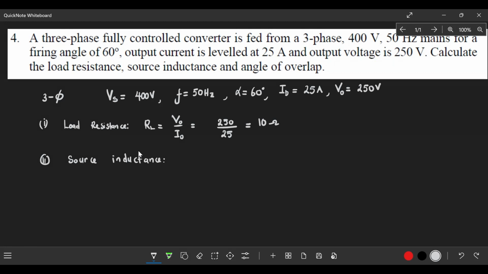Remember that the output voltage for a 3-phase converter having a source inductance is given by 3Vm over pi, cosine alpha, minus 3 Ls omega times Id, and then divided by pi. This is the equation that contains the source inductance.